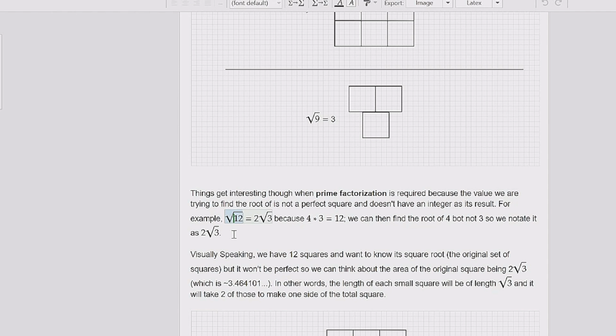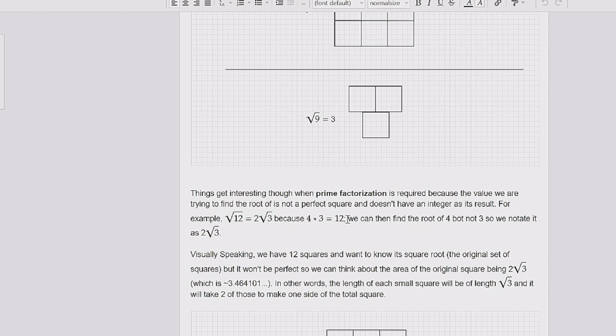But when we think about prime factorization, we're dealing with an integer that's not a perfect square when we're trying to take its square root, meaning there wasn't an integer value that's going to be an output for a square root. We can't break 12 into some perfect amount of squares. So instead, we use prime factorization.